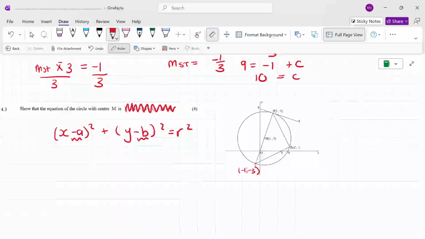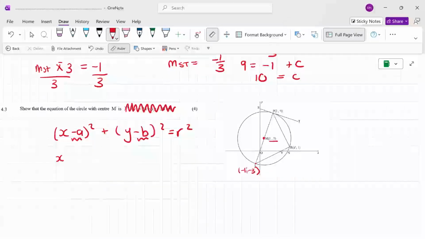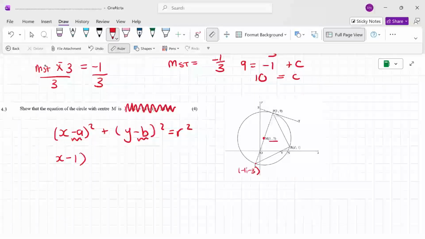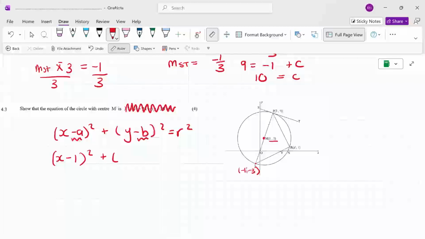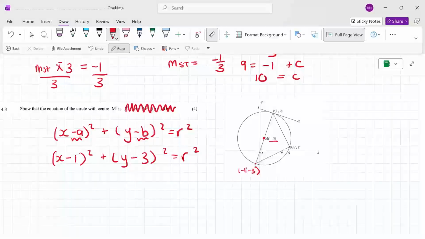In this case, our center is M, at 1 and 3, which means my equation is going to have x minus 1 squared plus y minus 3 squared equals r squared. Now, we don't know what that r is, right?